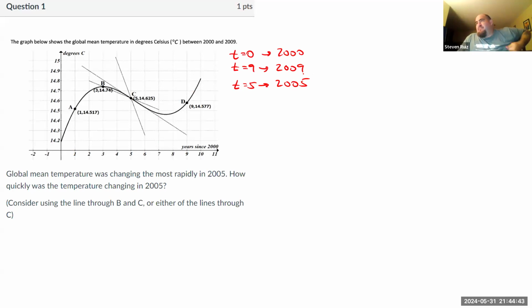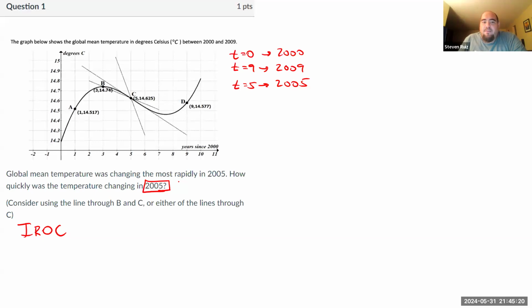So we've talked about rates of change, but more specifically, we've talked about constant rates, instantaneous rates, average rates. I think the biggest hint here that we are looking for an instantaneous rate of change comes from the fact that you are being asked about what's happening in 2005, not, for example, how was the temperature changing between 2003 and 2007.